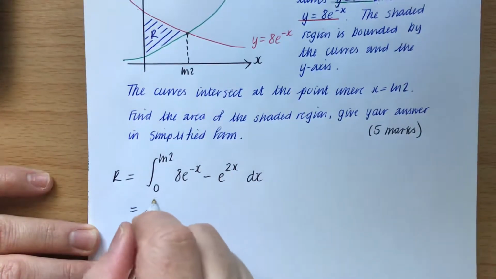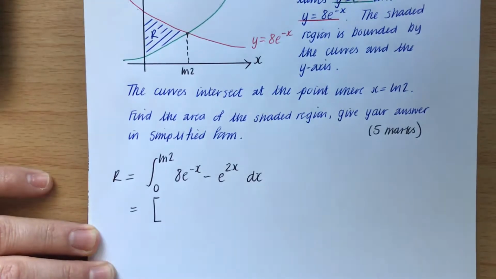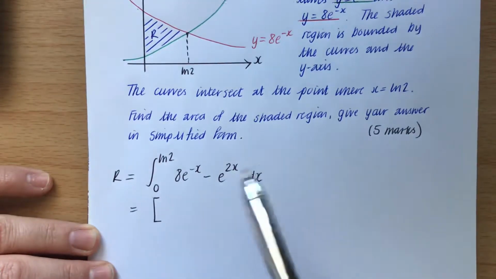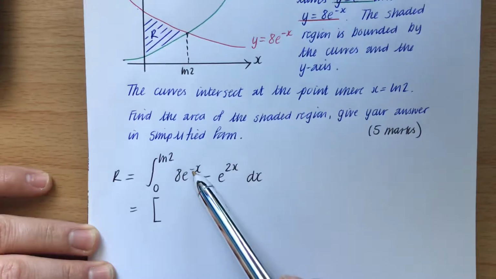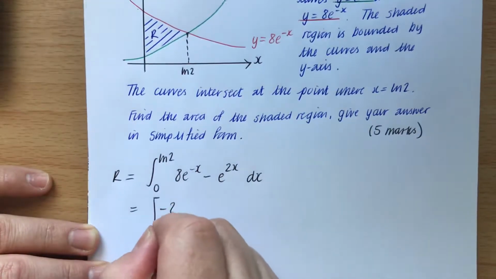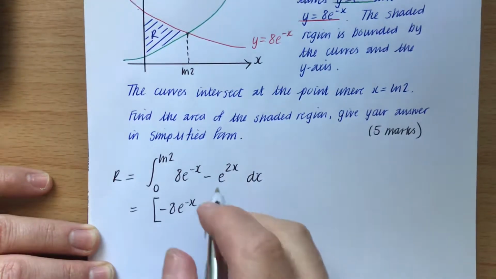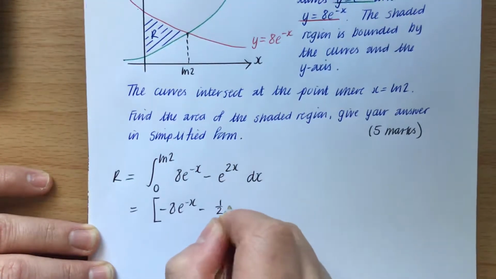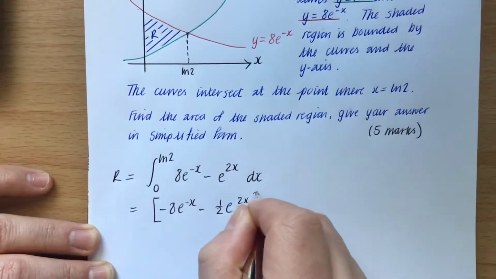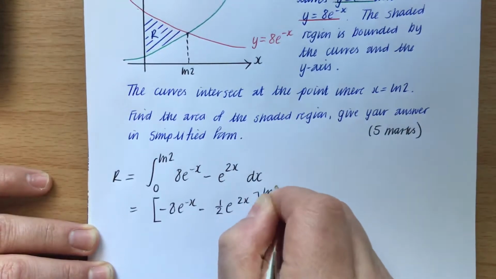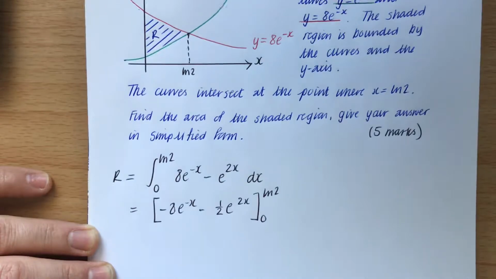So the first step is to integrate. I've got my square brackets out here for the limits. Dividing by minus 1, minus 8e to the minus x, dividing by 2, minus a half e to the 2x, between log 2 and 0.